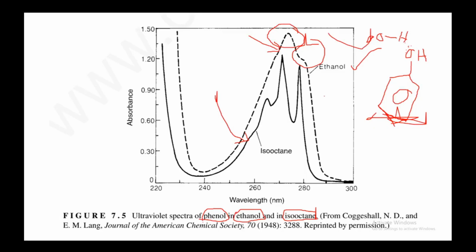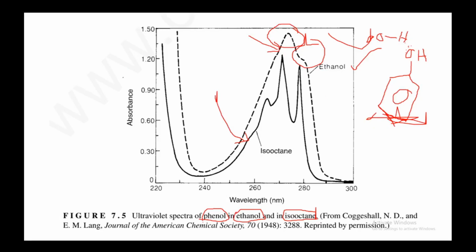Now it is clearly seen here that ethanol, which has OH functionality, is capable of making a hydrogen bonding network with phenol, and hence the fine structure of the absorption band of the spectrum is lost, whereas the fine structure of the absorption band is preserved and can be clearly seen in the isooctane solvent.